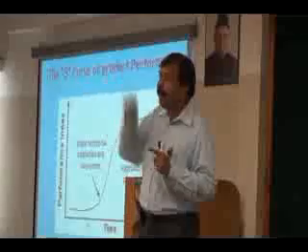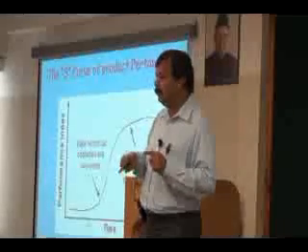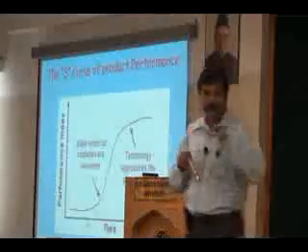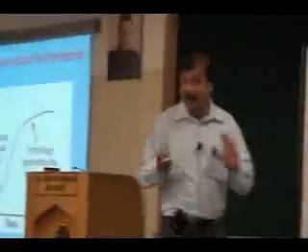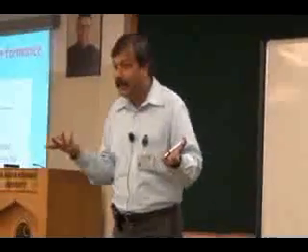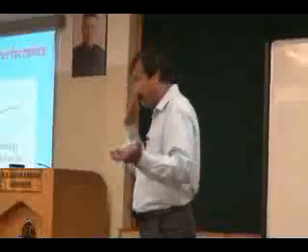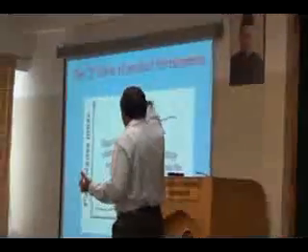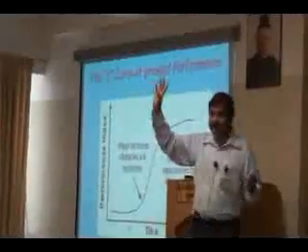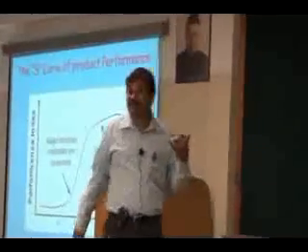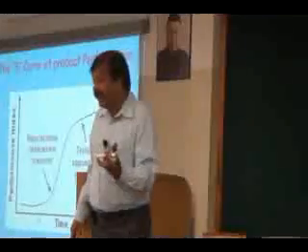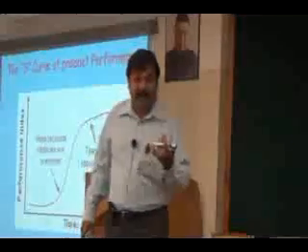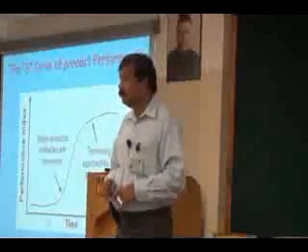But if I keep on cultivating rice in the same soil, people say the fertility may get lost. So it reaches a saturation, and then in some instances it may even decline. The performance may even go down.